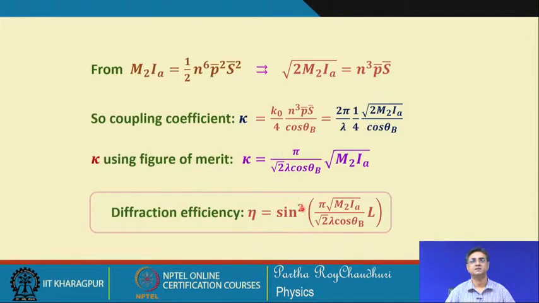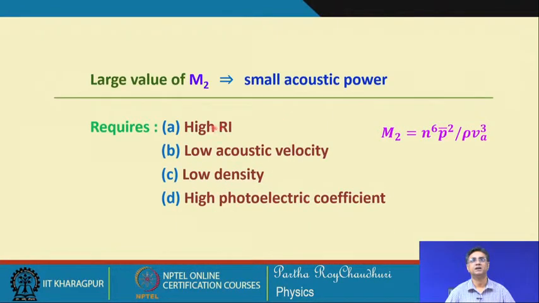Now, it tells us from this expression that for this figure of merit to have a large value, it requires a small acoustic power and a high refractive index. Refractive index should be fairly large, low acoustic velocity, which appears in the denominator and cubed, low density and high photoelastic coefficient.